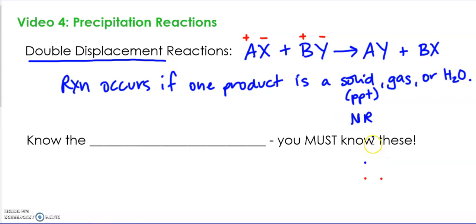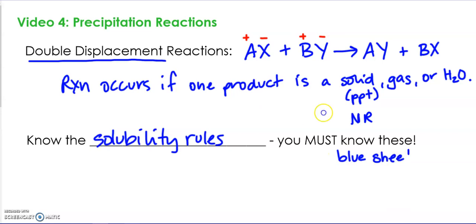All right, so in order to do this and determine if your reaction occurred or not, you need to know the solubility rules. And these are on the back of your blue sheet. Now, there are some patterns in this. For example, if you look at your blue sheet, I would pause and get it right now if you don't have it.